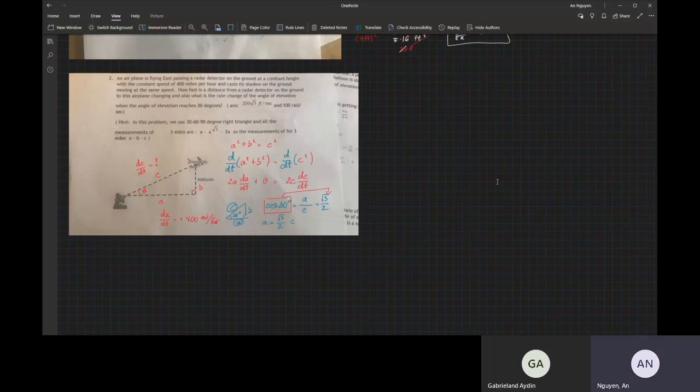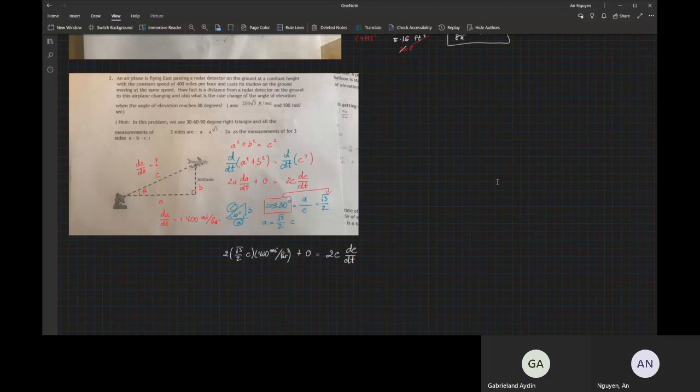And now I'm going to substitute everything we know in there. So 2 times A, which is root 3 over 2 times C, times dA over dt, which is 400 miles per hour, plus 0, is equal to 2 times C dc over dt.